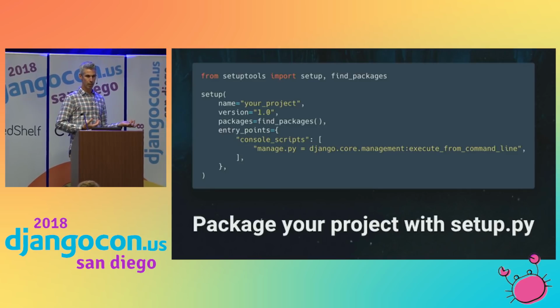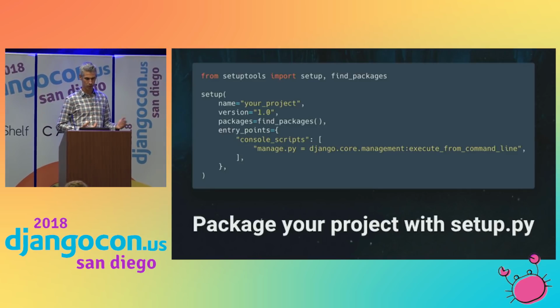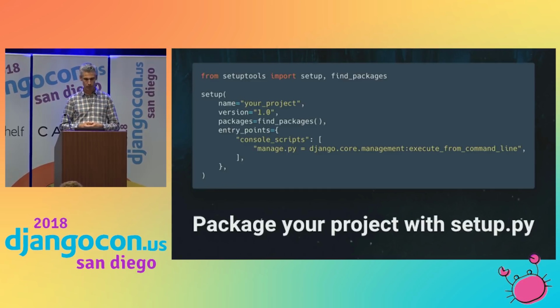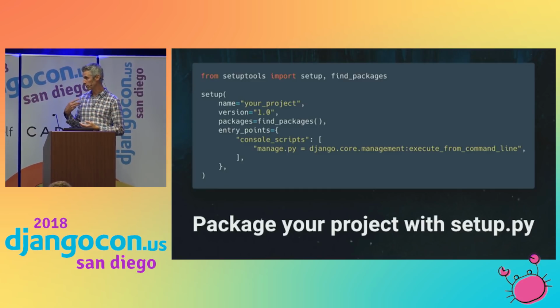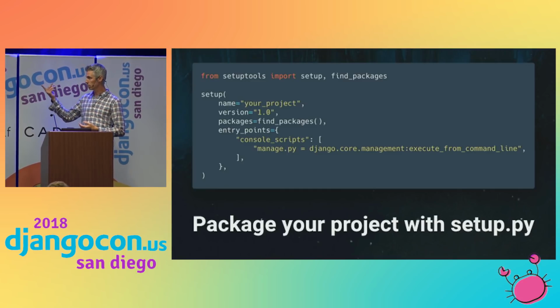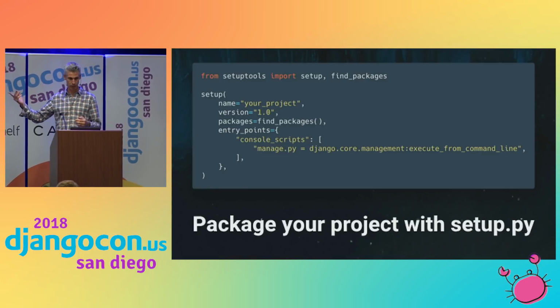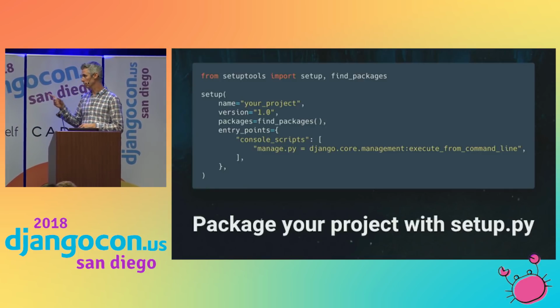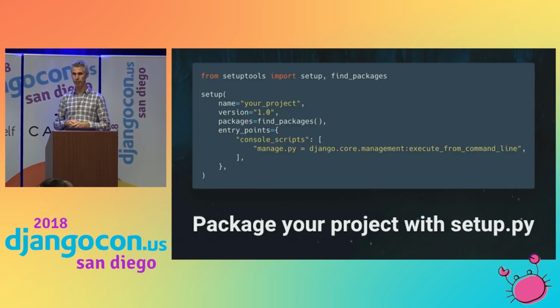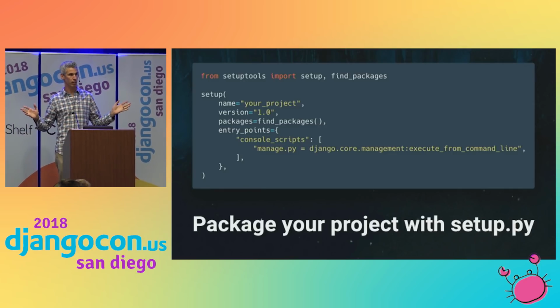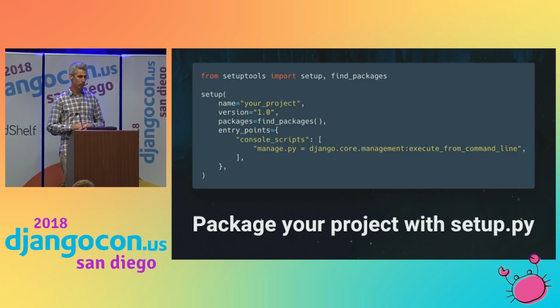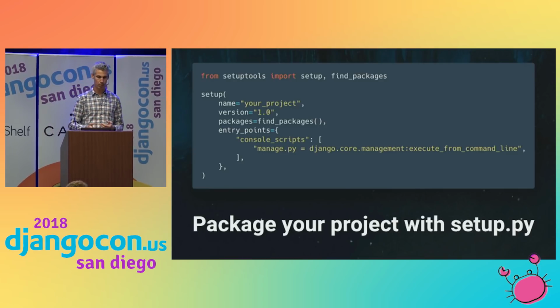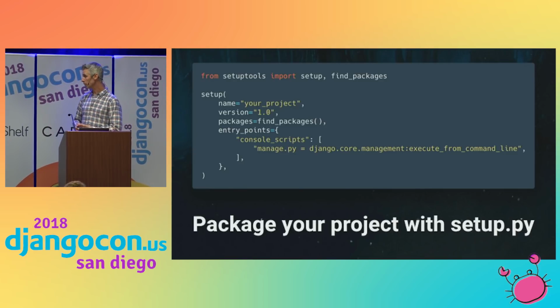You just create a setup.py file, you drop it in the root of your repo, and really there's only three things necessary here: name, version, which you can set arbitrarily, it doesn't matter, and packages. Setuptools includes this nice function called find_packages, and that will go out and find all your Python files and include them when it wants to distribute your application.